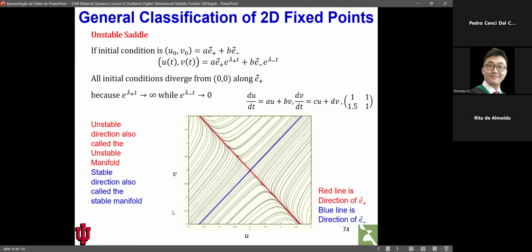Why do you do this? Well, if it was only in two-dimensional problems, the direction and manifold would be the same thing.